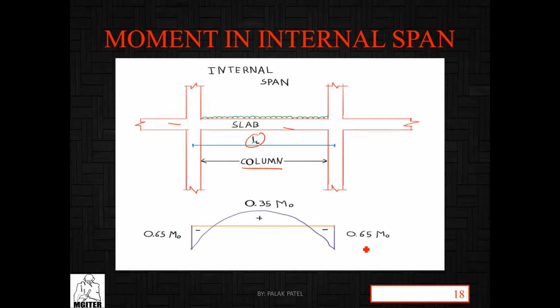Imagine M0 means 100% moment. Then 35% moment is in the center and 65% moment at the end. Simply, in the internal span, 100% moment is distributed as 35 in the center and 65 at the end. Remember, it is in the internal span, right?